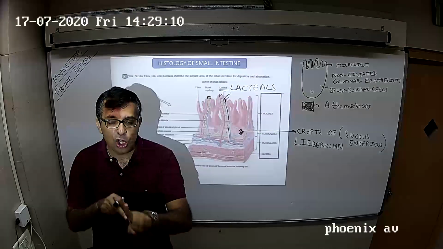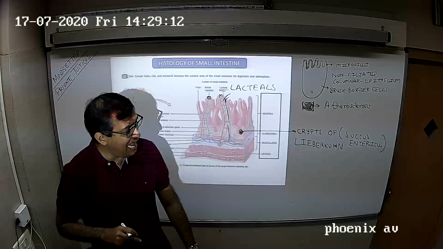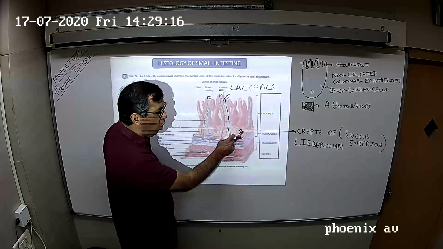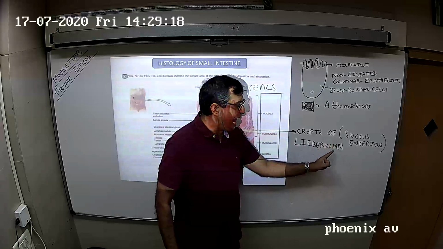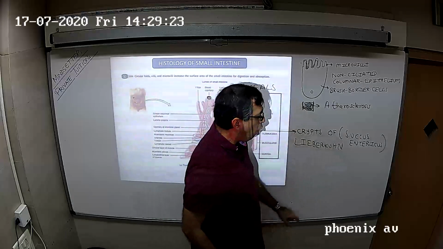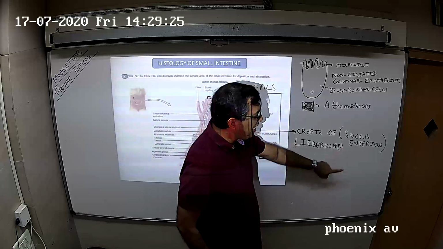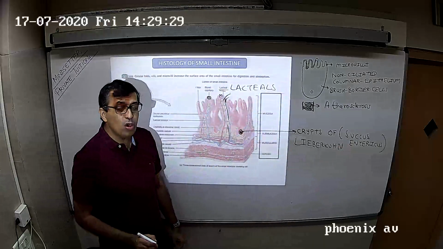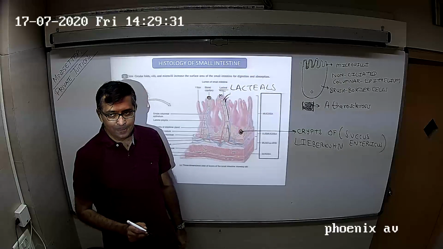Lacteals are for absorption of fats. And between the villi are found pits which are called crypts of Lieberkühn, and crypts of Lieberkühn are for storage of intestinal juice which is called succus entericus.